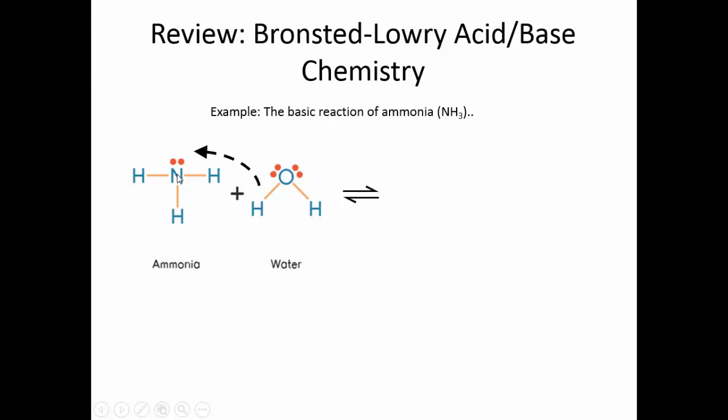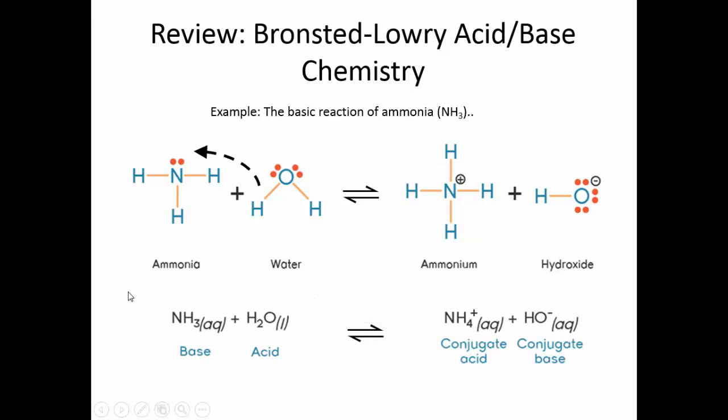The acceptor is called the base. Once the proton transfer reaction occurs, the products are the ammonia molecule with the newly added hydrogen ion, turned into NH4+, called ammonium, and the water molecule, having lost the hydrogen ion but retained the two electrons that were in the bond, turned into the hydroxide ion.